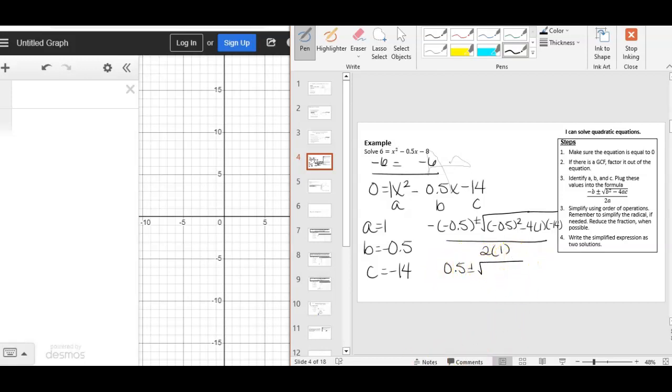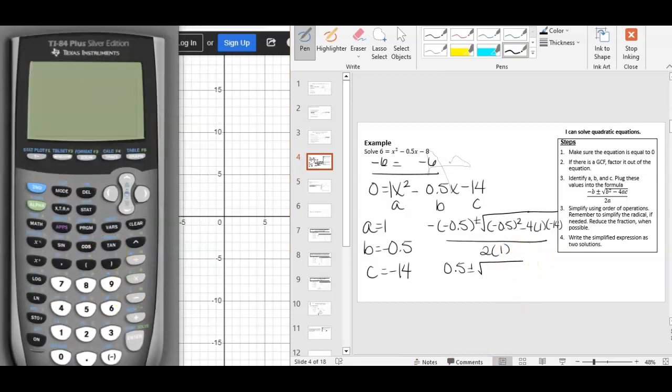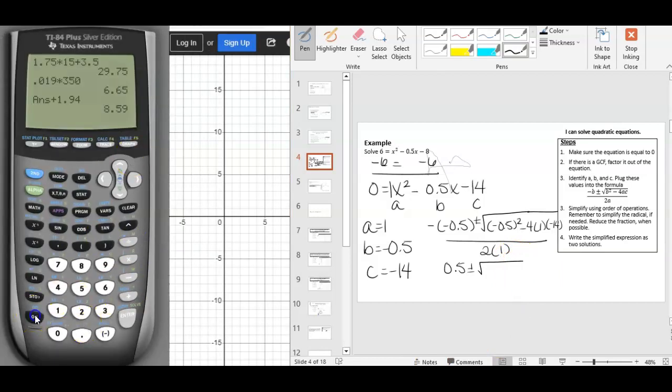And what I'm going to do is type everything under that square root into my calculator and simplify it all at once. So I'm going to do negative 0.5 and then square that minus 4 times 1 times negative 14. So when I do that, that is 56.25.